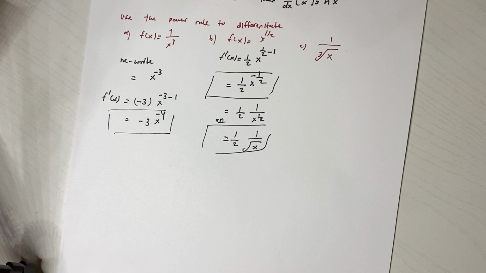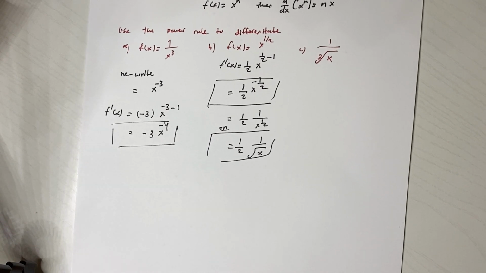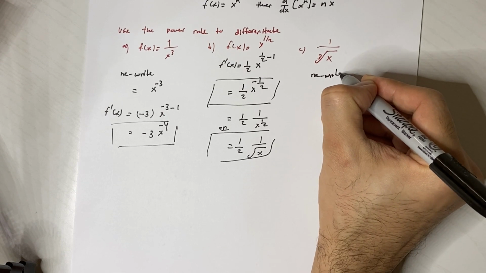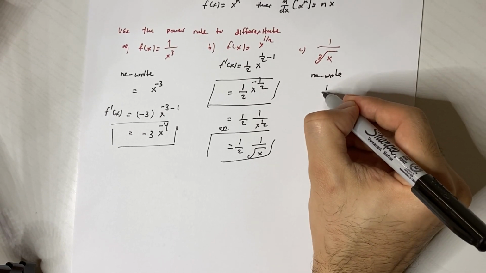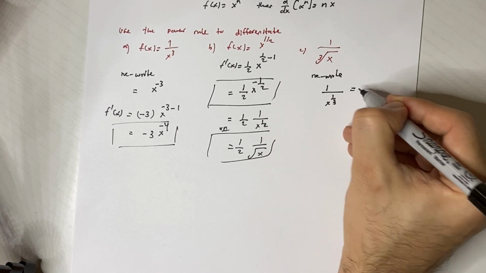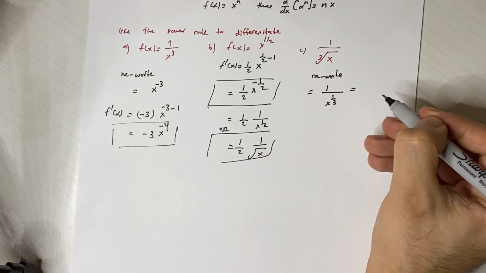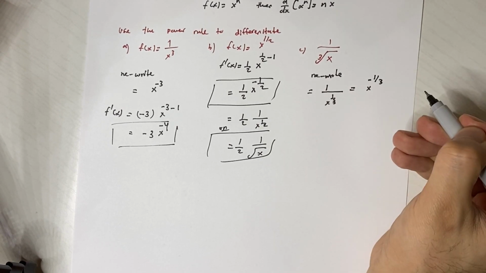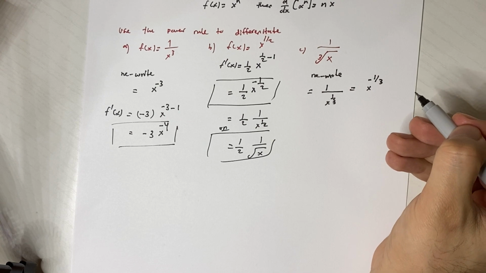For c, we have 1 over the cube root of x, x to the 3. This can be written as 1 over x to the third, and then also this can be written as x to the negative 1/3. Now we are ready to apply the power rule.